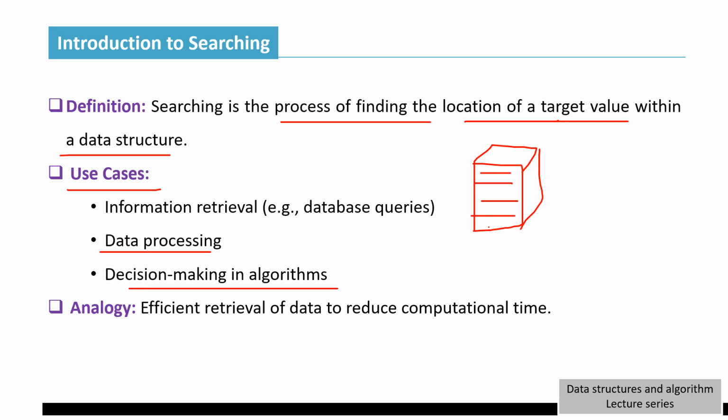Decision making in algorithms like in games or optimization problems. The analogy in this case is simple, like you use Control plus F to find the values in a document, right? So we need efficient methods to quickly locate data in our programs.